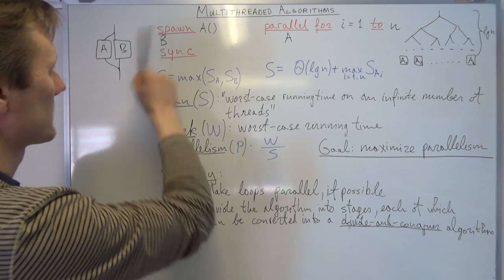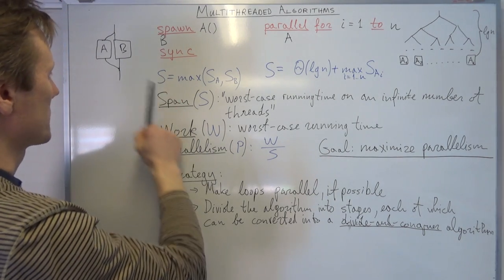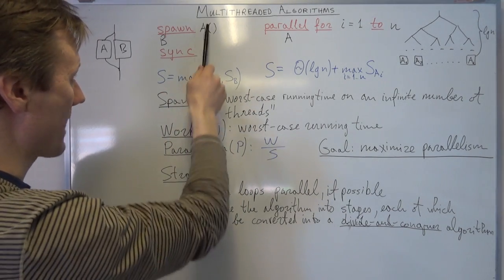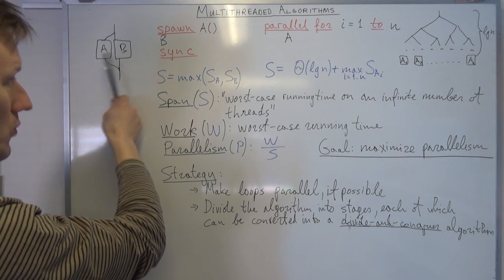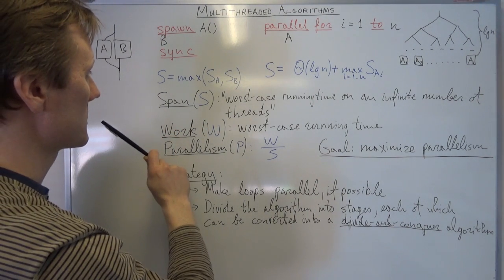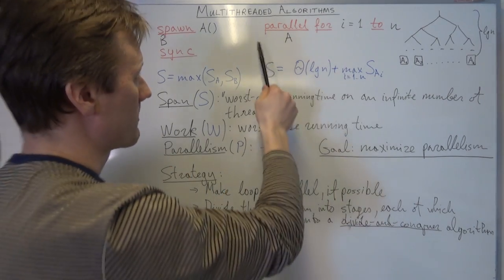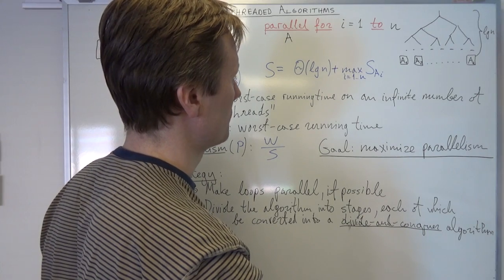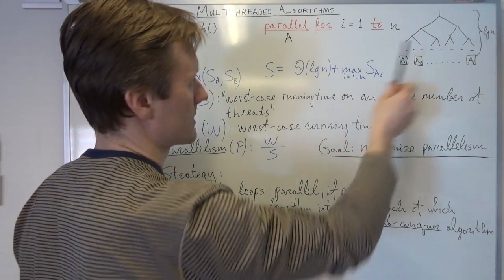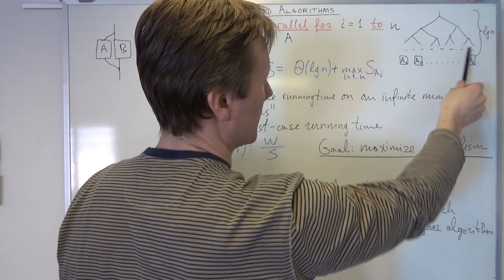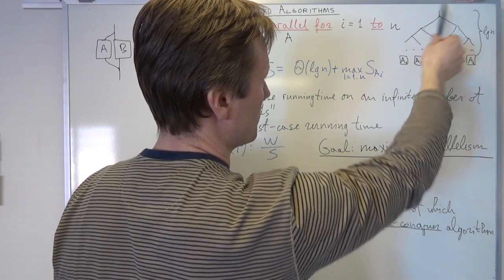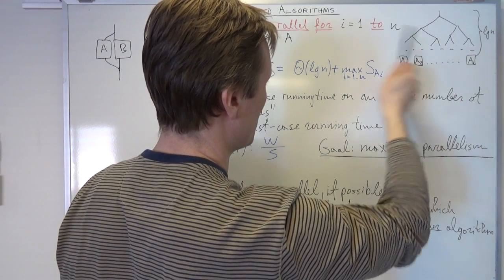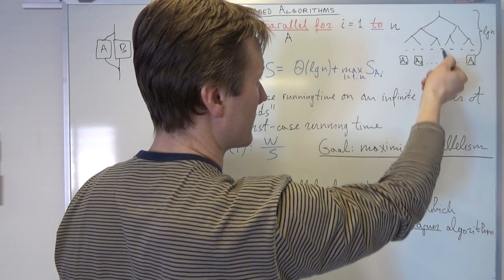So returning to the analysis of these primitives, it's obvious that the span of this fragment of code is just the maximum of the spans of A and B. Whichever finishes last, that dominates. And then the span of this kind of loop is the span of this divide and conquer algorithm, which has this divide phase where it keeps creating threads, the thread creation phase, and that has depth log n.